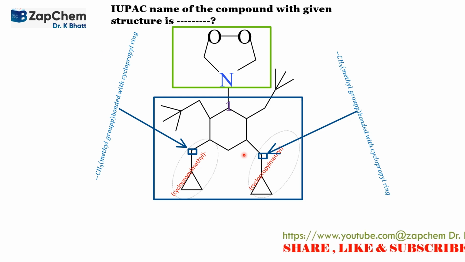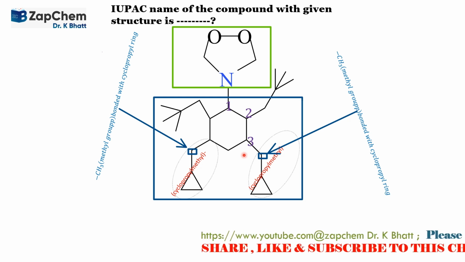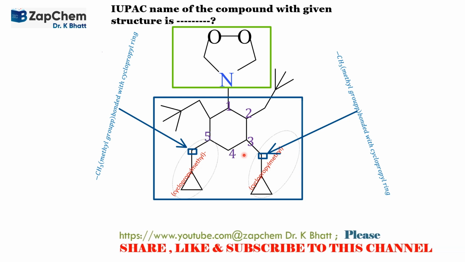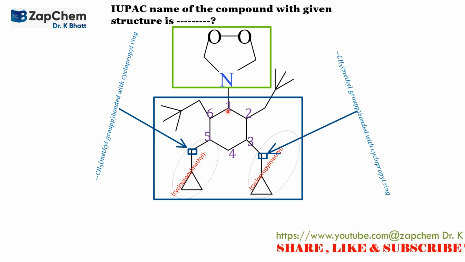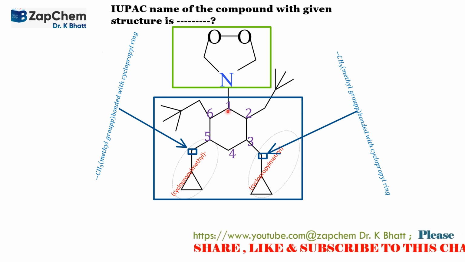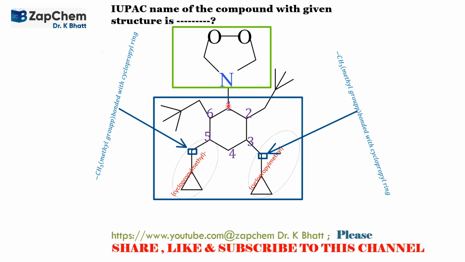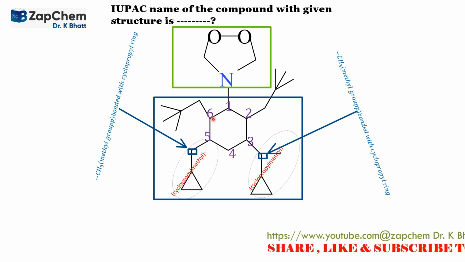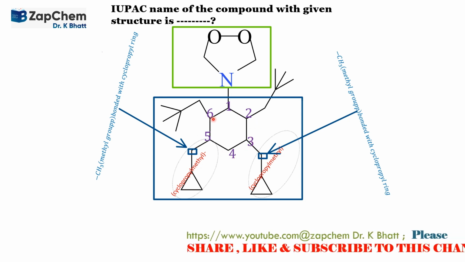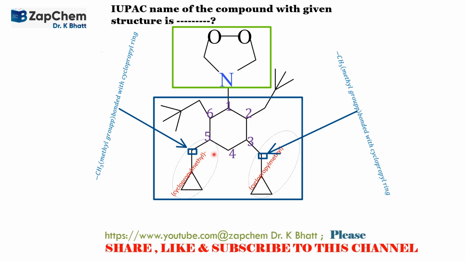In the same manner we find that there are other substituents also, but in order to find these substituents and their positions, it is necessary to number the carbon atoms as represented here, starting from 1 where the nitrogen is linked with the ring, and accordingly we number the carbon atoms from 1 to 6 this way.